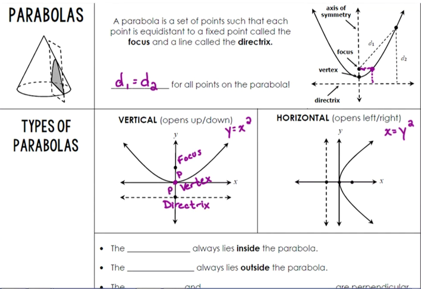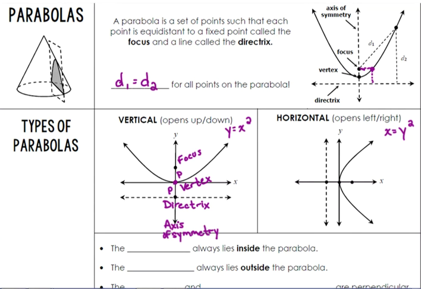That distance is also p. And then your axis of symmetry goes right through the middle. And the axis of symmetry is always perpendicular to the directrix.